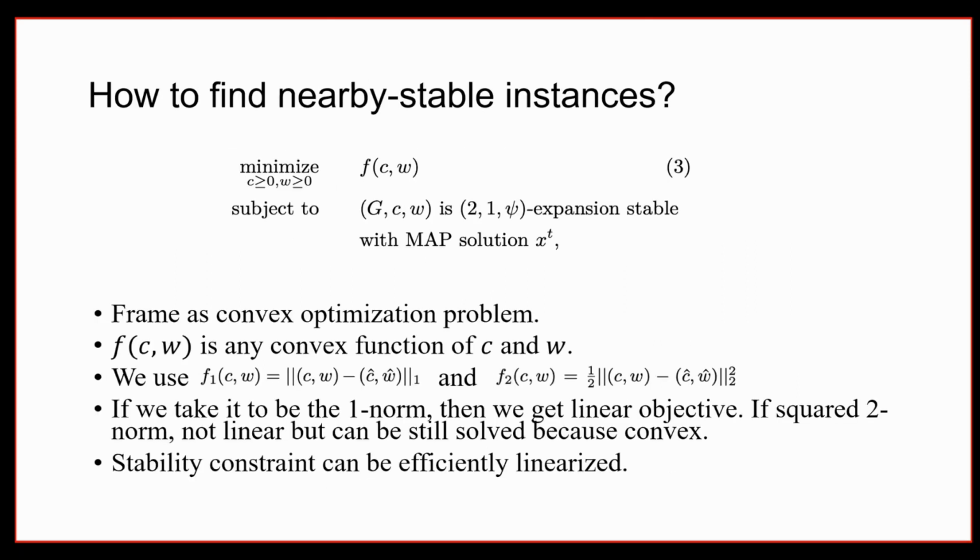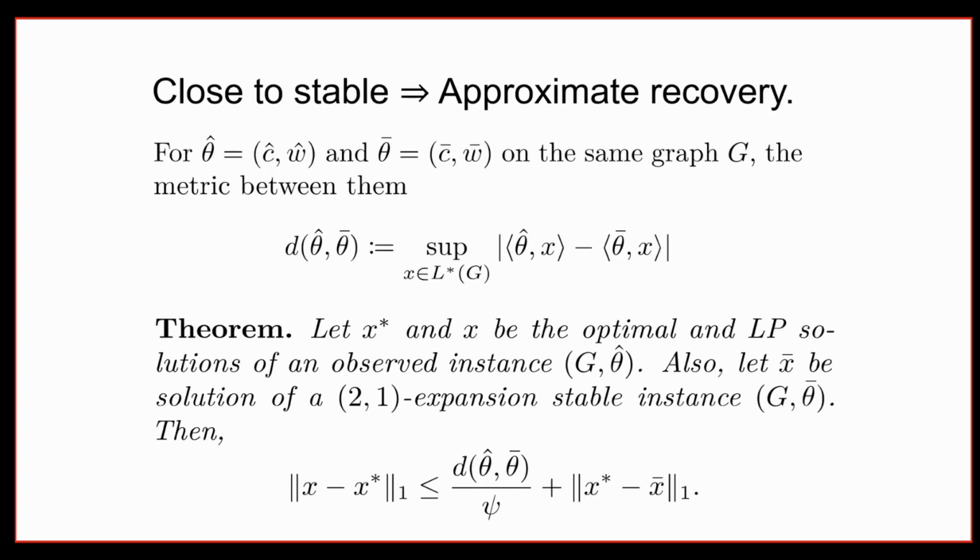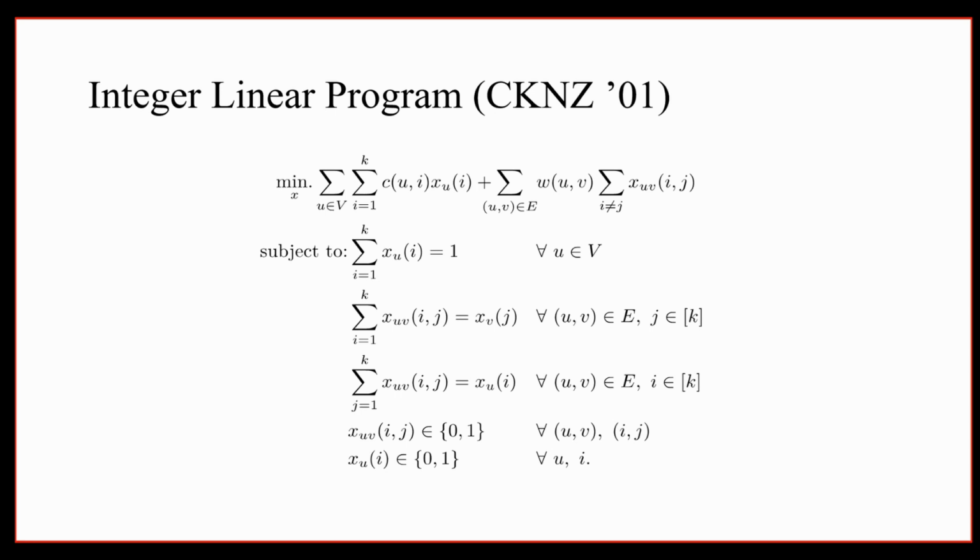Is there a difference between L star G here and LG? Yes, because you're changing W itself. The polytope is defined using G. The W's are just parameters; they are just part of this theta. If you go back to these constraints, nowhere do you have anything to do with W's or U's.